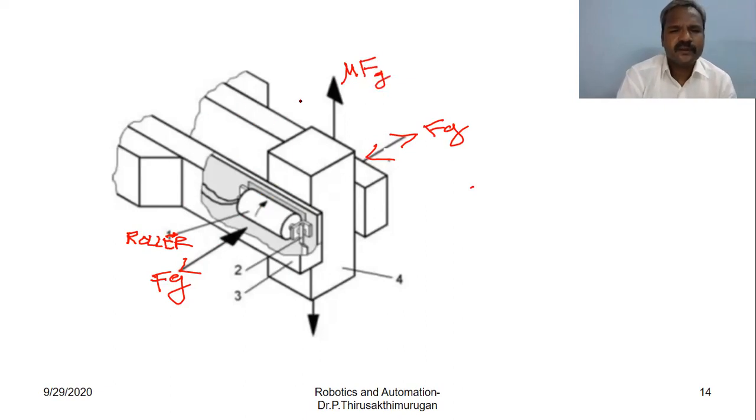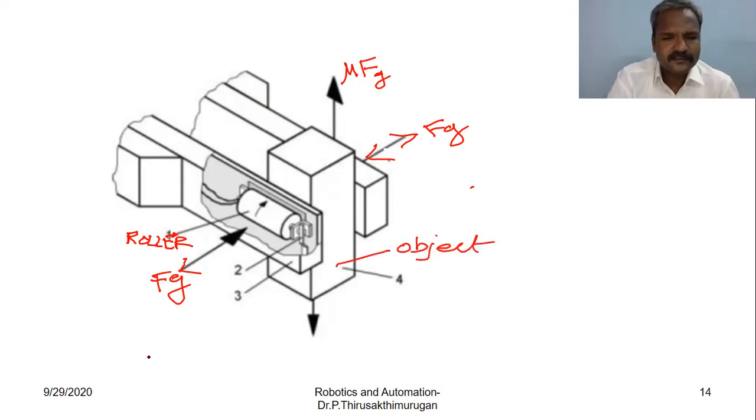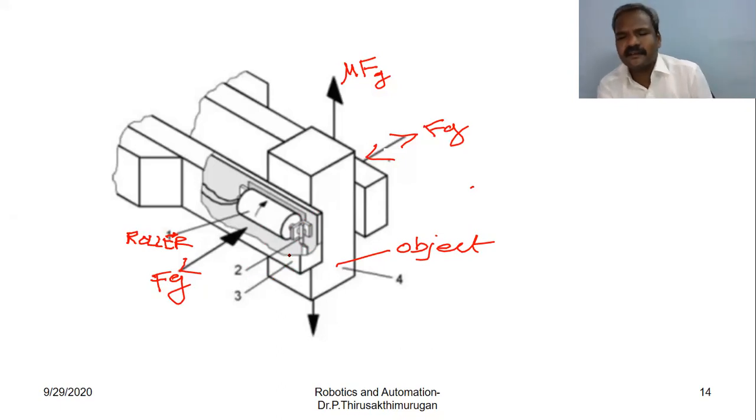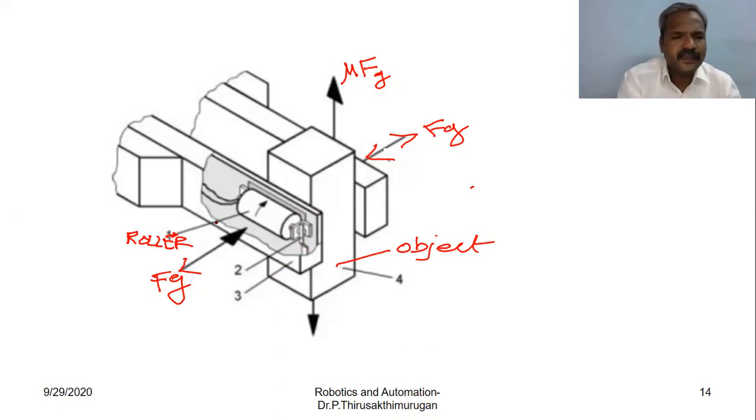This 4 is the object, 2 is your sensor, a roller sensor for detection, and 3 is the gripper finger.